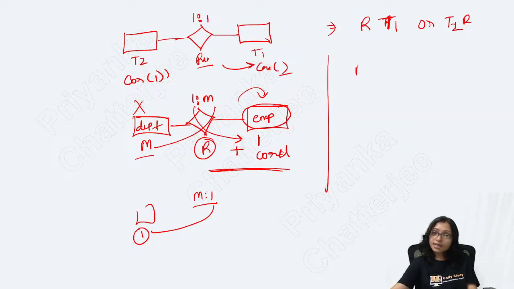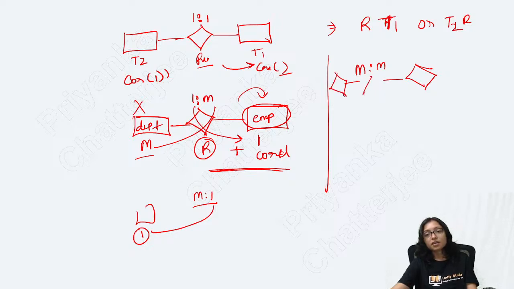But if it is a many to many relationship, many to many means both parts are many, then what will happen? For a many to many relationship you have to create a new table.